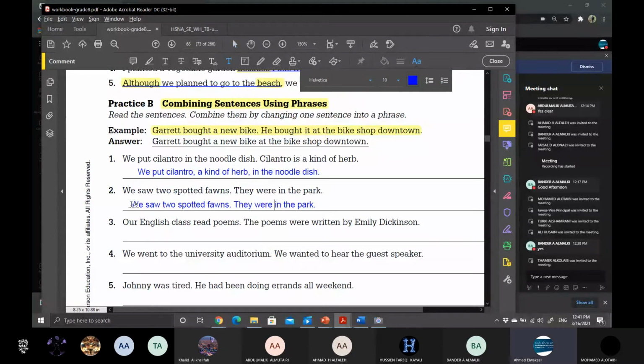So we'll just ellipse the subject and the verb from the second clause, and we just add the prepositional phrase. So we saw two spotted fawns in the park.